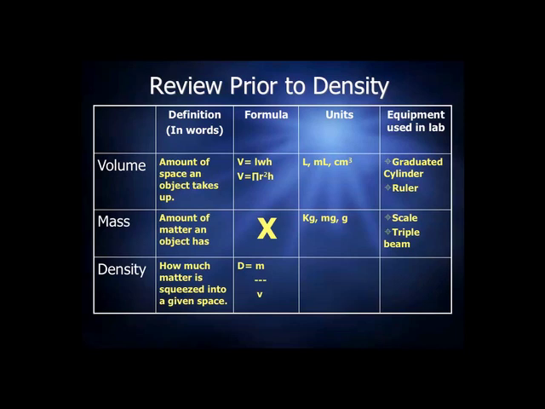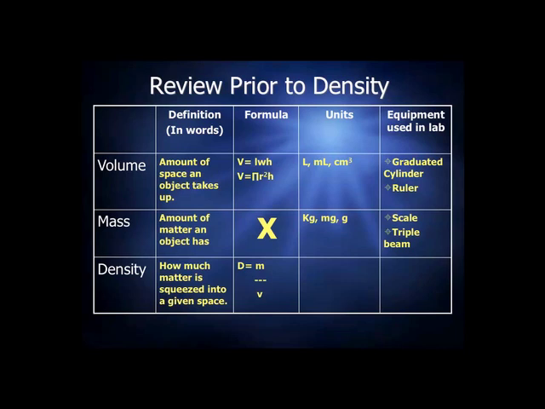Can anyone guess what units we would use then? Caitlin? Liters, milliliters, centimeters. Well, we use them combined in a certain way. Juliet? Not just grams. Habib?